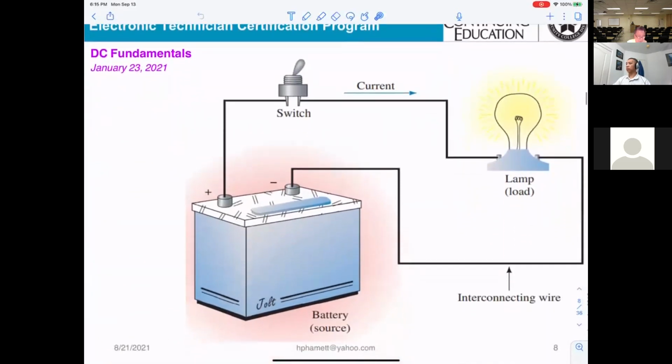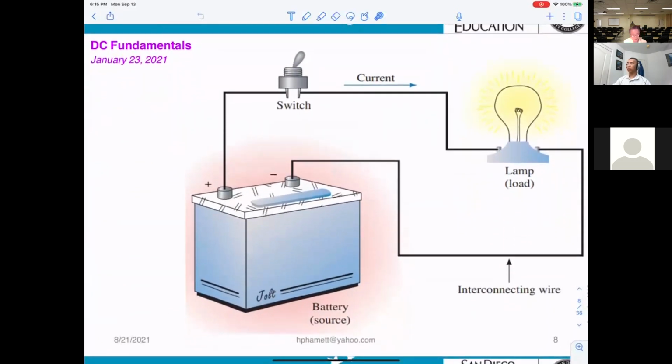And also, we're already talking about DC. DC means direct current. So if you're looking at your car battery, this is your car battery, connected to the headlight.